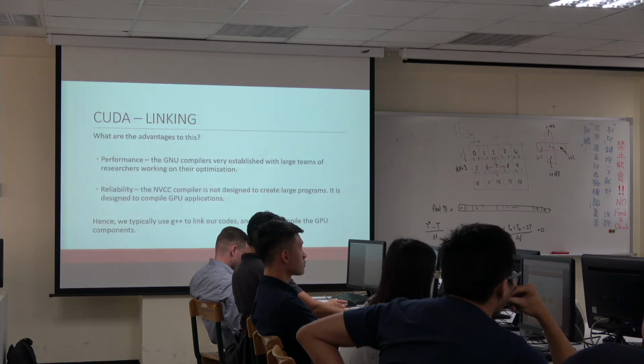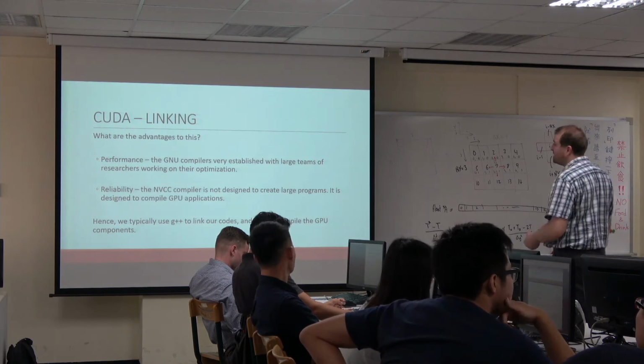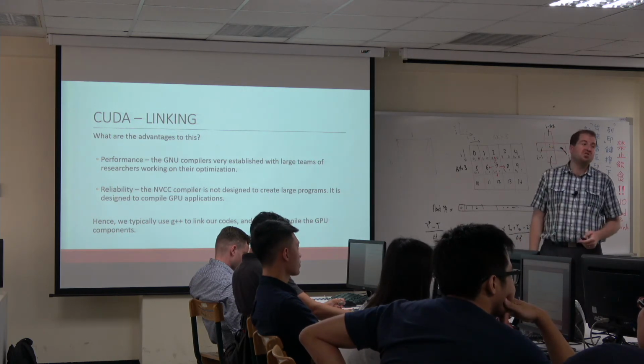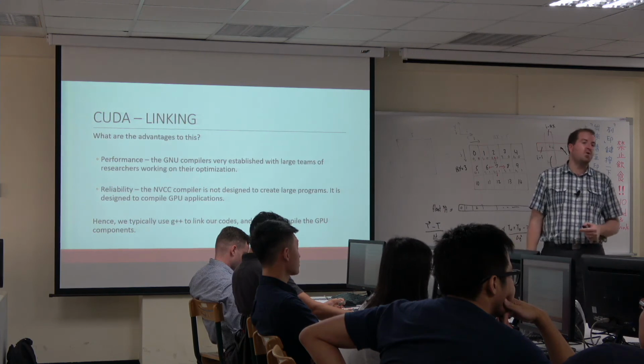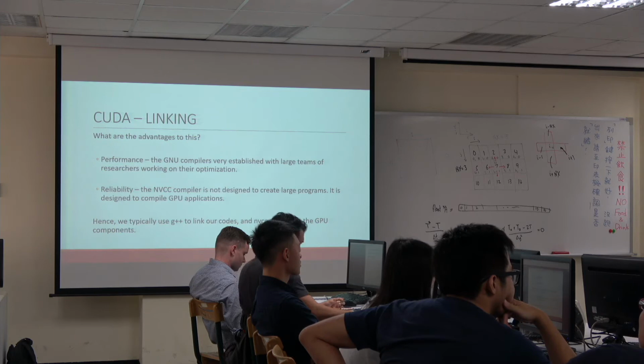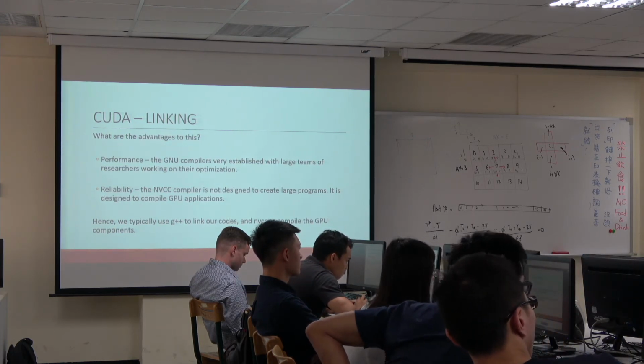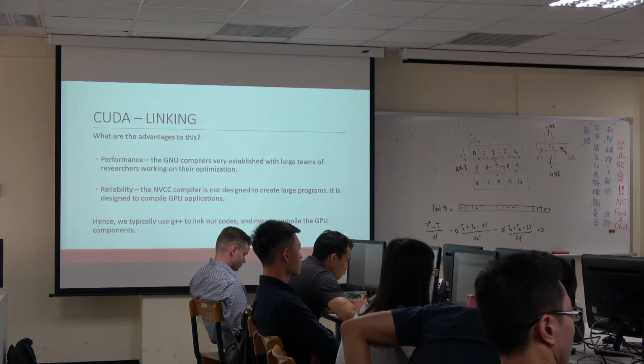We're going to talk about that very soon. But first, why do we do this? Performance and reliability. I think I made it clear to you. We should use the strongest possible compiler to take our objects and create an executable code. We use NVCC to compile our GPU code because NVCC is designed to be a strong compiler for GPU codes, not for CPU codes. That's what it's designed to do.